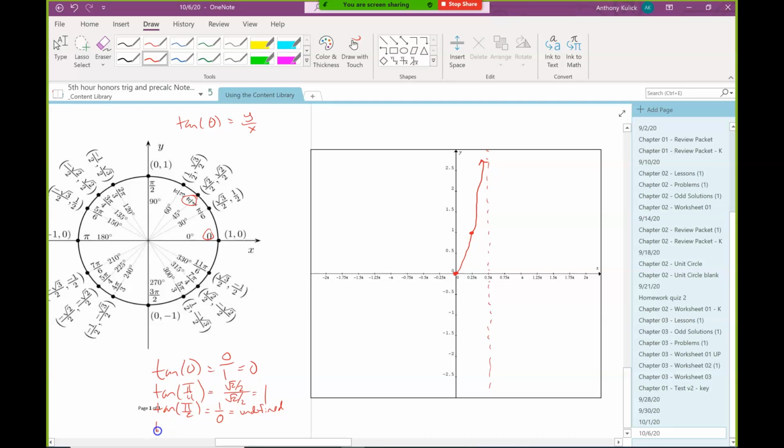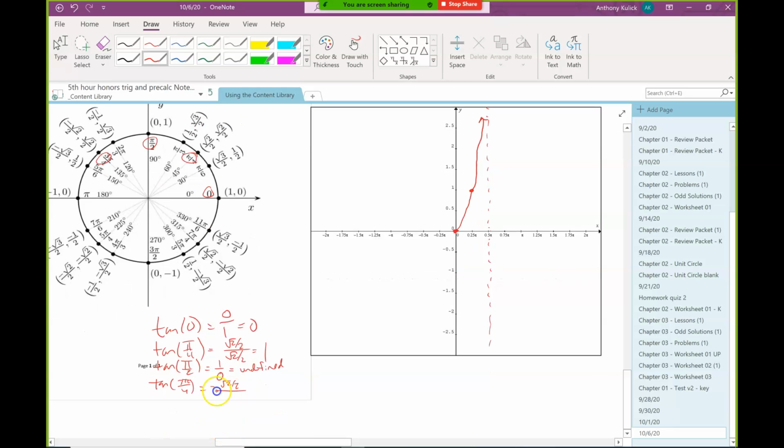Okay. If we go then to tan of 3 pi over 4, that's going to give me negative root 2 over 2 over positive root 2 over 2, which is just negative 1. And then if we do tangent of pi, that's going to be y over x, so 0 over negative 1, or 0.